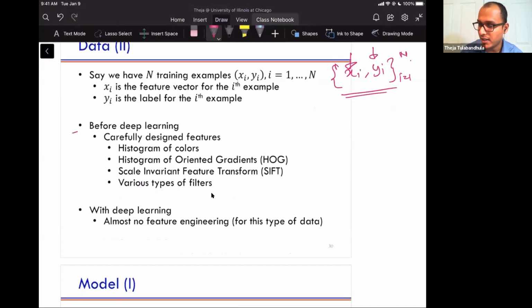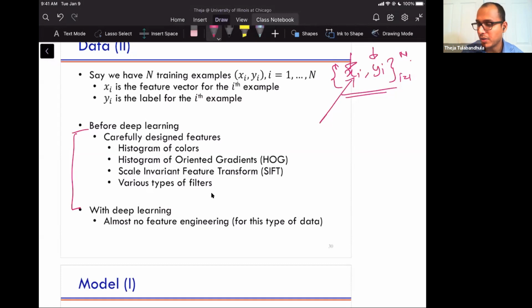A very crude, informal way of considering deep learning versus before deep learning is that before deep learning, you would carefully construct this X. Okay, so this X, let's say it's a feature vector, you would actually construct that from the original image. Given the image, you would do some transformation, some sort of operation on the image, so that for each image, you would be able to construct, let's say, a 10-dimensional vector or a 100-dimensional vector.